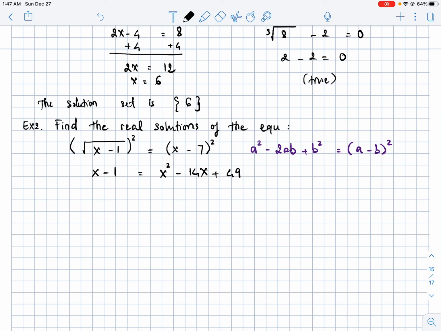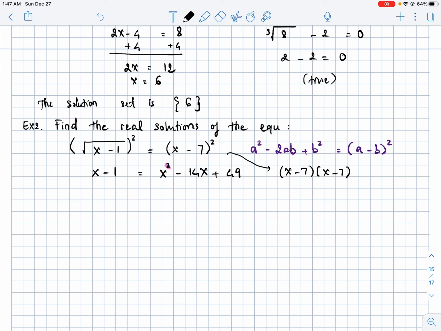If we factor x squared minus 14x plus 49, we get back x minus 7 squared. If you don't remember this formula, you can simply do x minus 7 times x minus 7 and FOIL. You will get x squared minus 14x plus 49.